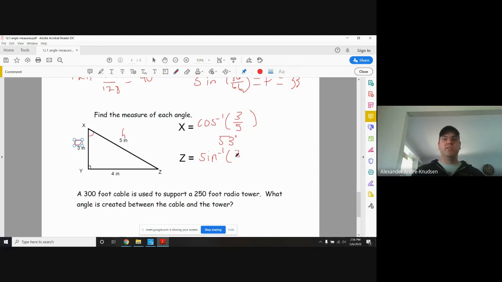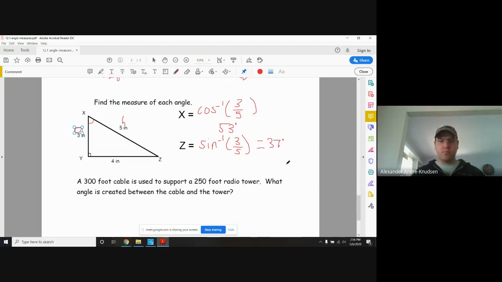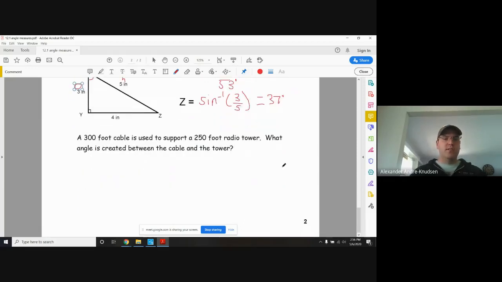So now I can do the inverse sine of 3/5 to get z. And, oh, sorry, 37, not 27. Did I say 27? I did. I did my math wrong. But that is 37 degrees. Mental math, end of the day.